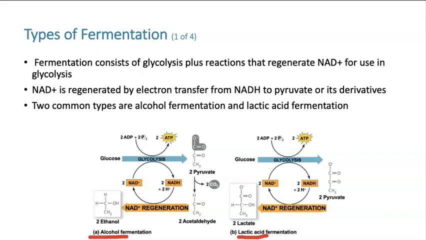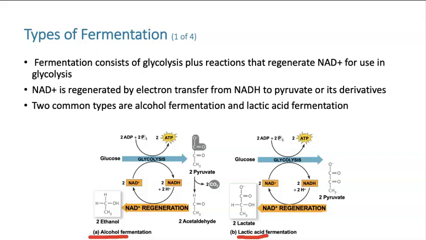Both of these, importantly, consist of glycolysis plus a second set of reactions that cause NAD+ to be regenerated and used again in glycolysis. So remember NAD+ is used up in glycolysis.